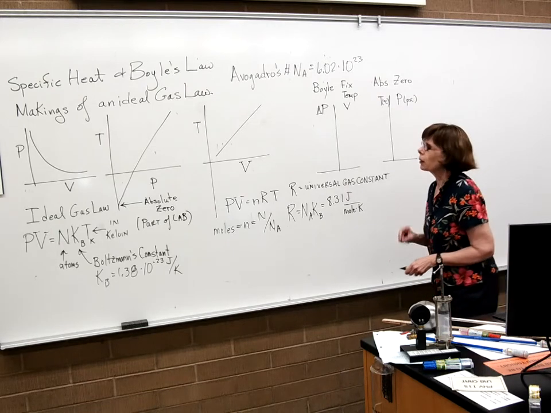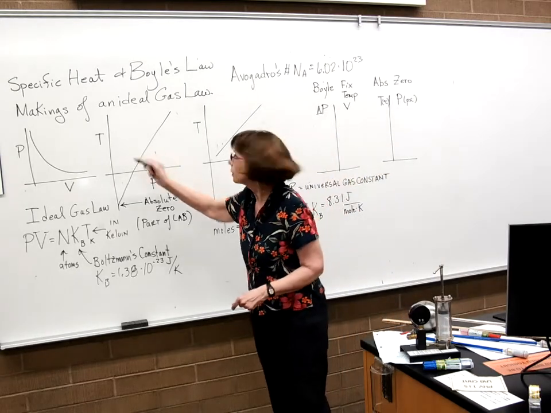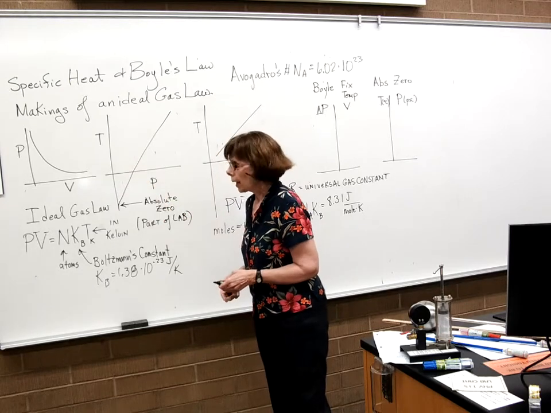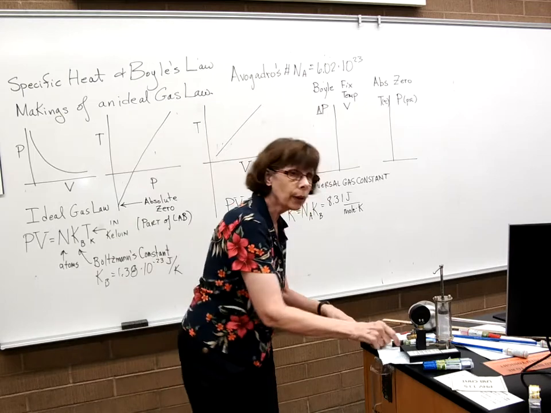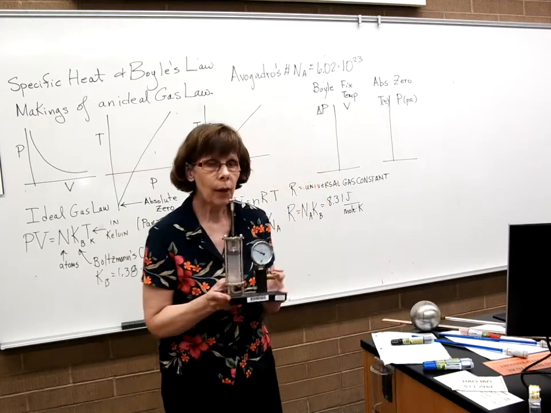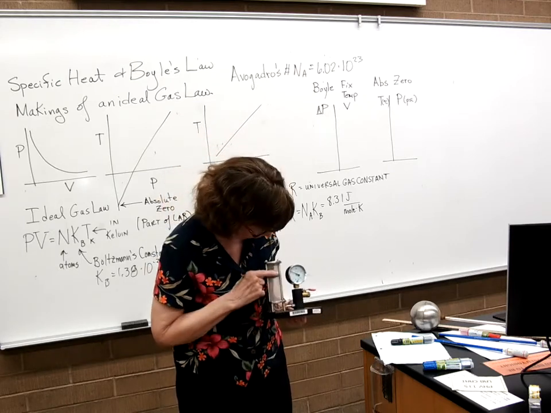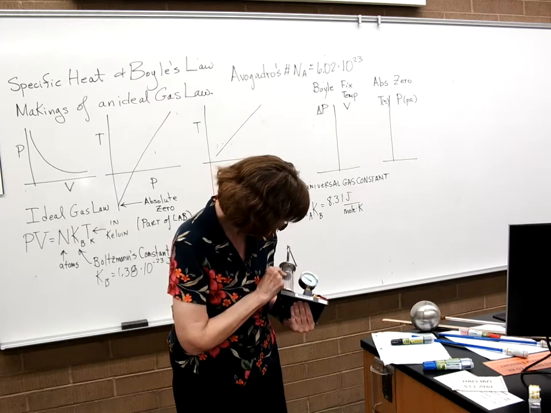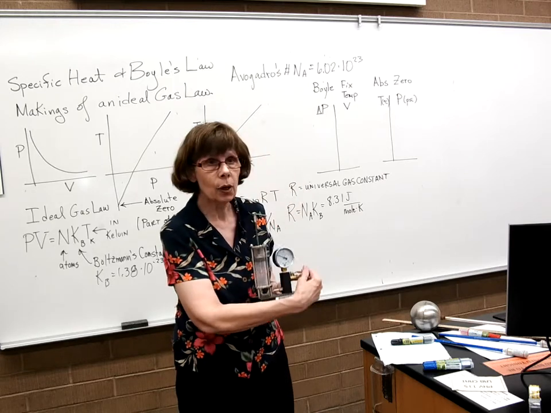So in this part of the lab, we're going to investigate pressure versus temperature and pressure versus volume. And they're really, really simple ones that you can do in about 5 minutes. This is a Boyle's Law apparatus, and right now it's at 0, and I have it at a certain number on this tube, which is around 55, and it's open to the outside.